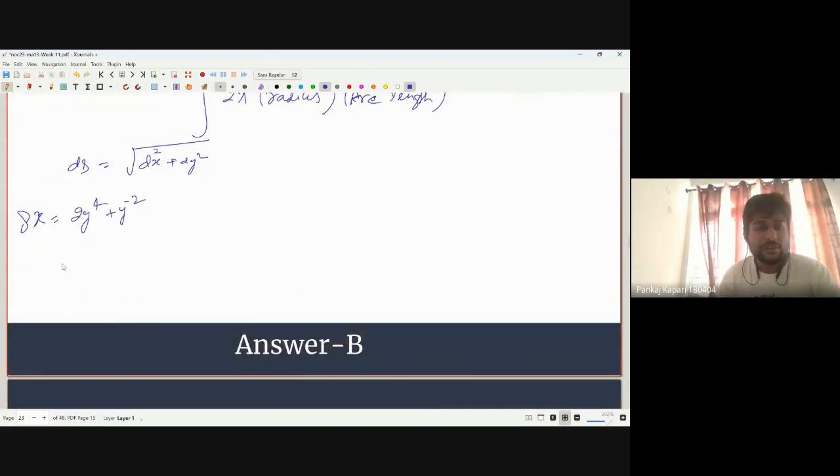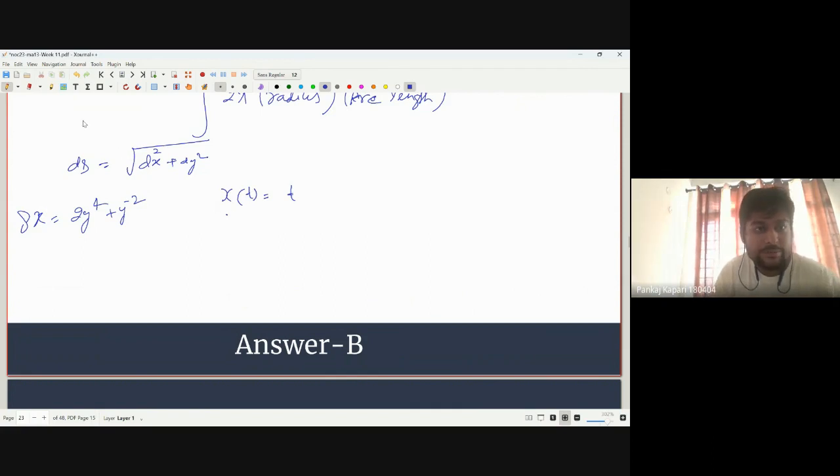If you consider x to be a parameter, or let's see this parameter in terms of t.